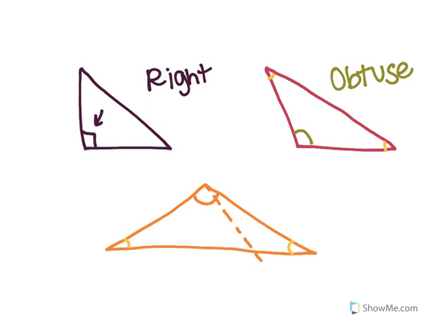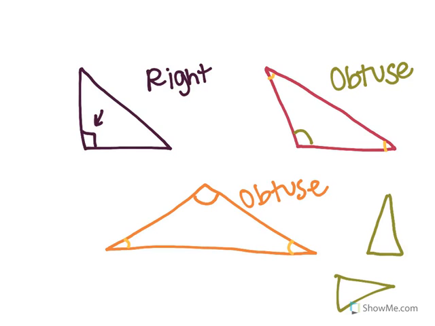So if it was greater, that means it's an obtuse angle. So we have another obtuse. Okay, an acute angle would look something similar to that. Or you could have something like this, where you have all three angles that are acute.